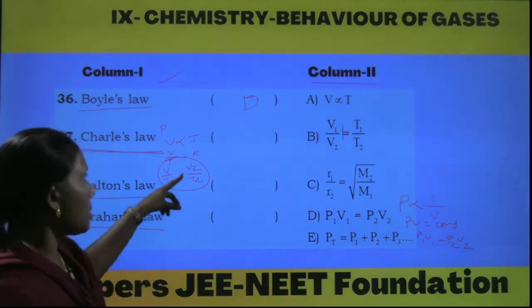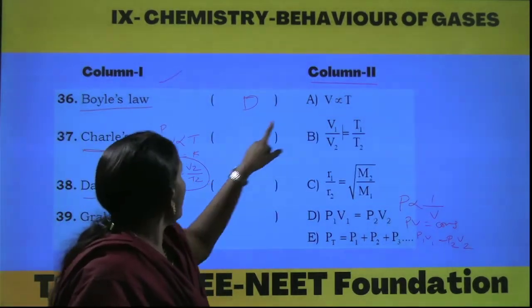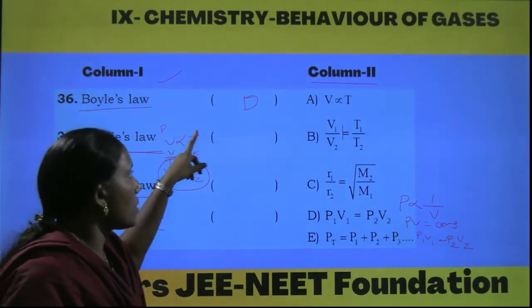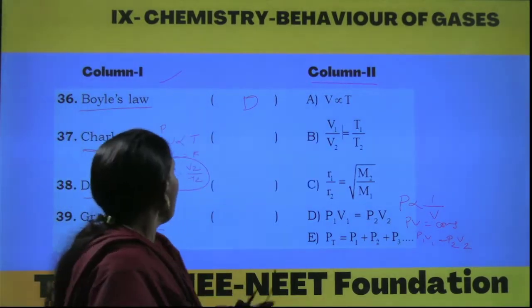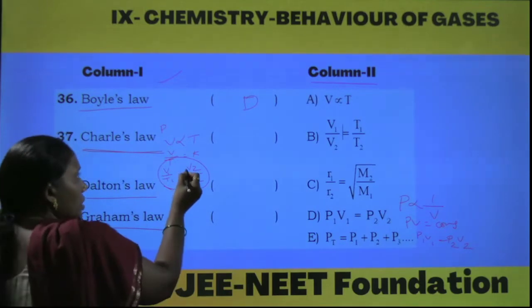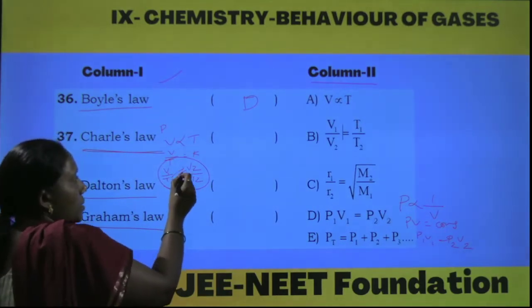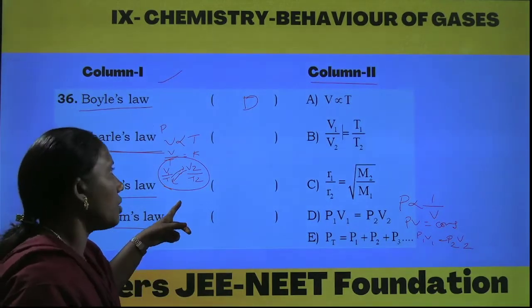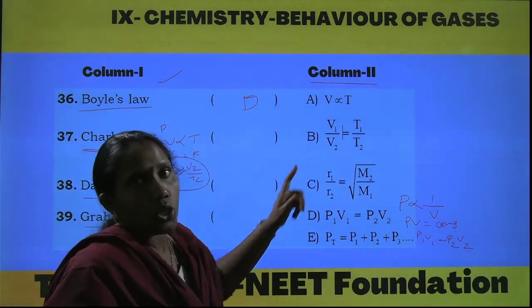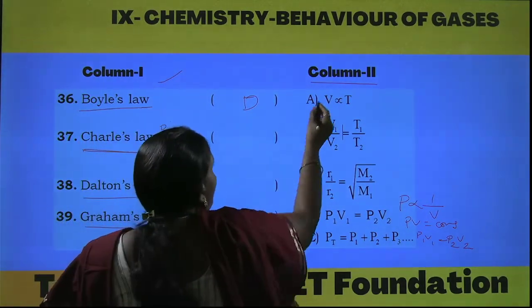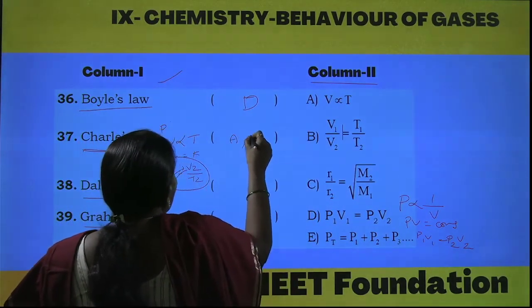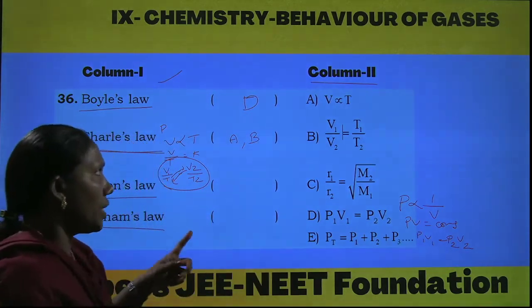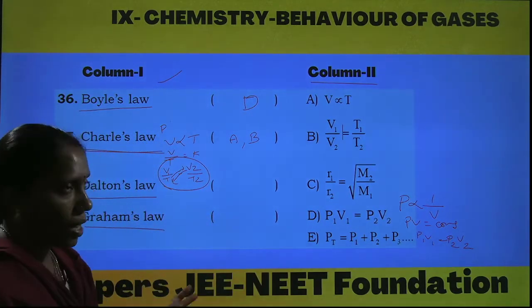Let's see this expression here. V proportional to T is also Charles' law. V1 by V2, if V2 comes here and T1 comes here, then it will be V1 by V2 equal to T1 by T2. So, both A and B belong to Charles' law only. So, I will go with both A and B options for Charles' law.